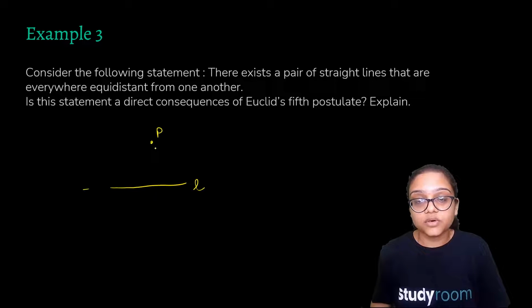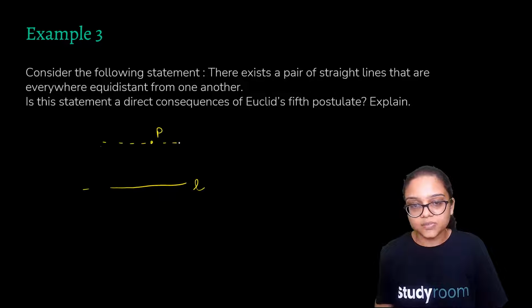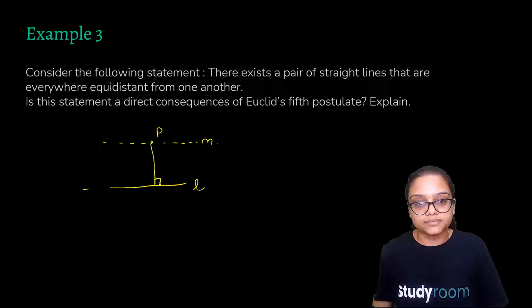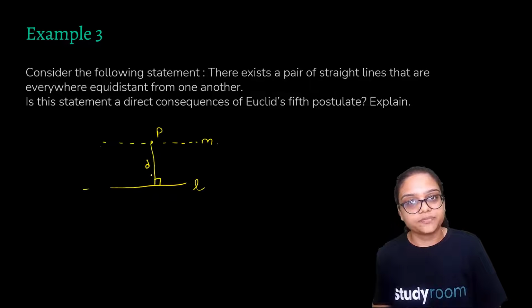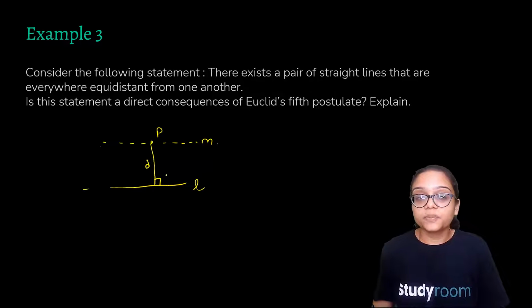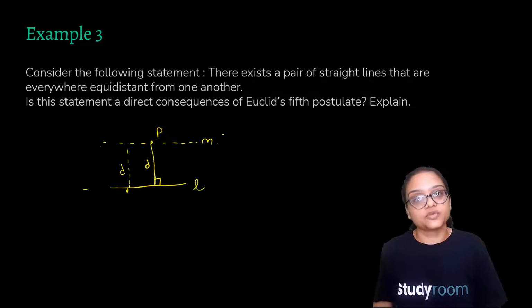By the equivalent of Euclid's fifth postulate, that is Playfair's axiom, which we have already learned, there will be a line passing through point P and parallel to L. So this is the line, suppose, and call it M. Now we draw the perpendicular distance from P to L. Maybe the distance would be D. Now we know for a fact that the perpendicular from any point on M to L would be the same as this length D, and the perpendicular from any point on L to M would also be D. So this states that the lines are equidistant from one another, and this equidistance would be the same forever.